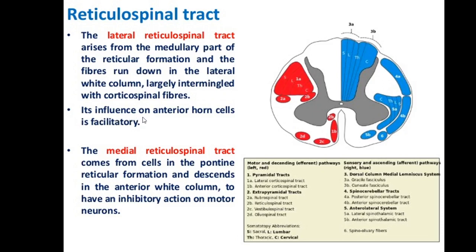Its influence on the anterior horn cells is facilitatory. The medial reticulospinal tract comes from the cells in the pontine reticular formation. It descends in the anterior white column, to have an inhibitory action on the motor neuron.